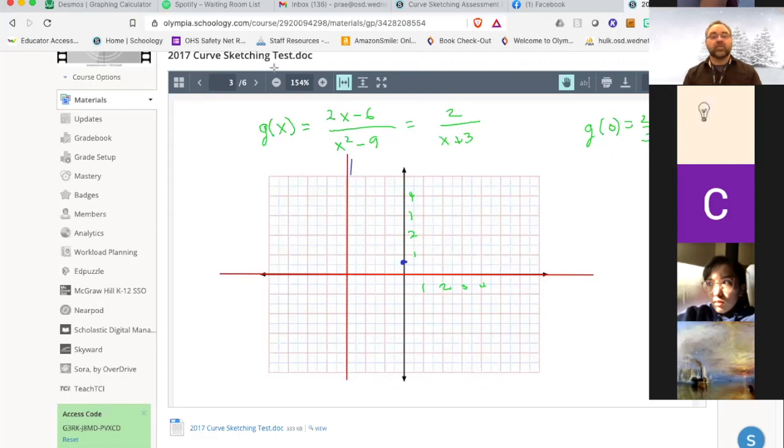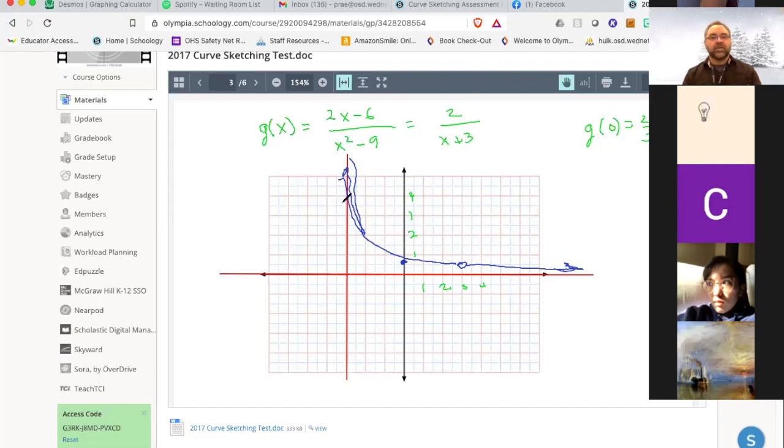Oops, that's the wrong tool. It's coming down. It's going through here. But remember, we said it had to have a hole there. Oops, that looks like it's going back up. So something like this. Well, you get the idea.